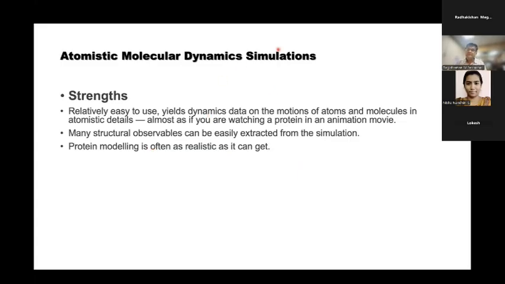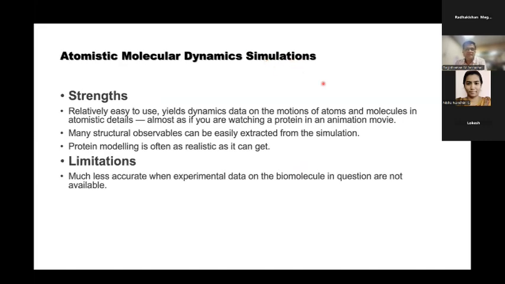But understand that this is a simulation. That means there is some amount of error and it is a prediction. So there is some limitation. It is less accurate when experimental data is not available for the molecule.